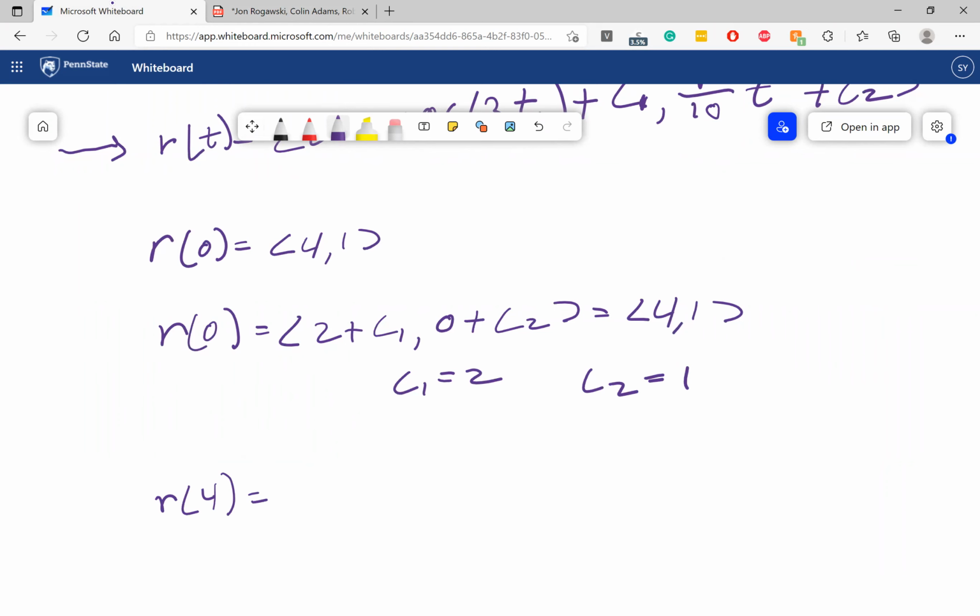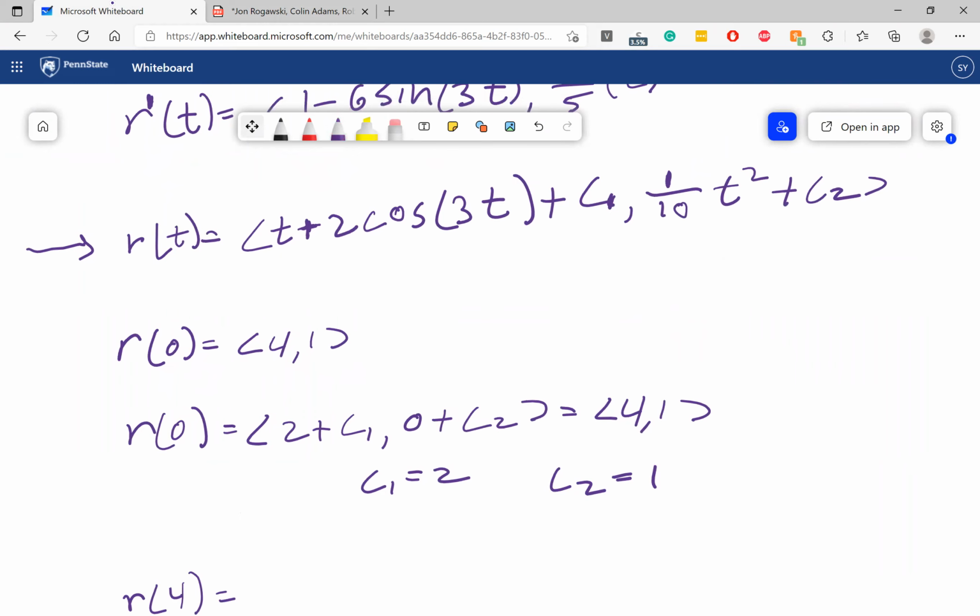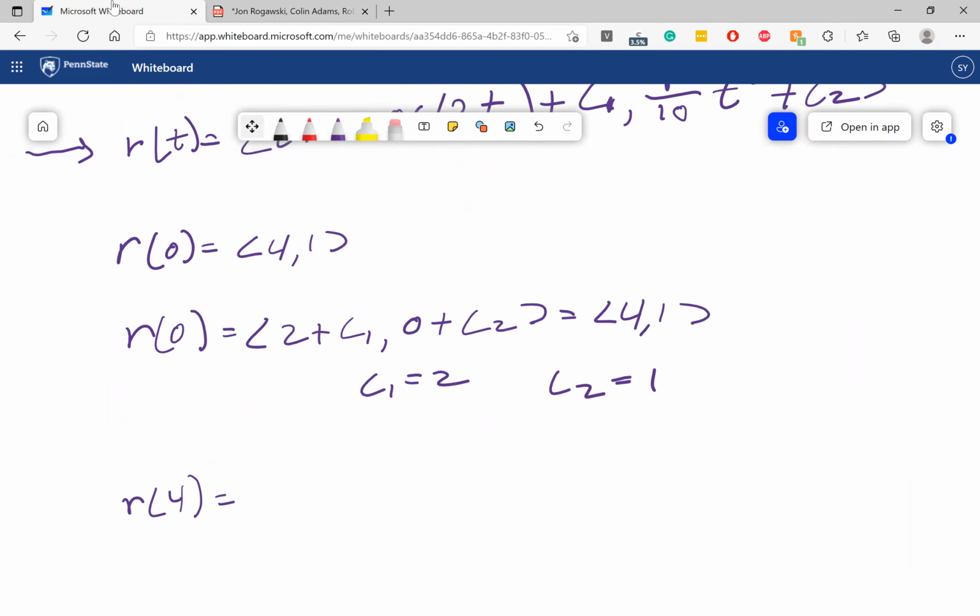Well, that will just be 4 plus 2 cosine of 12 plus 2, and then 1 over 10, 4 squared plus 1.